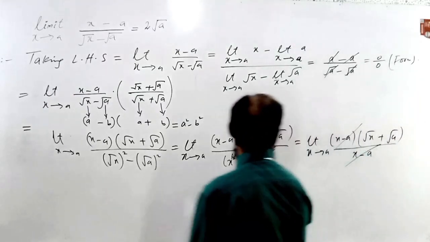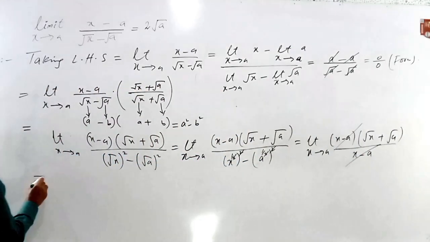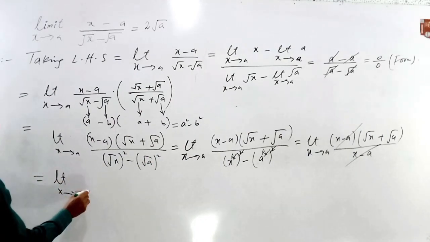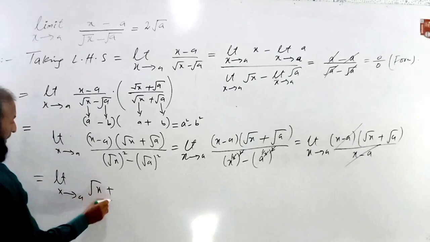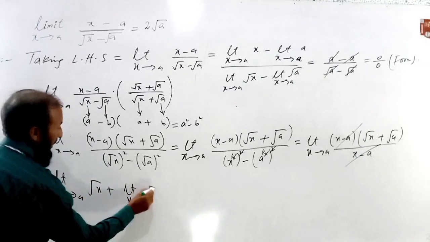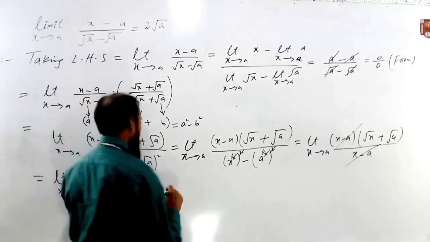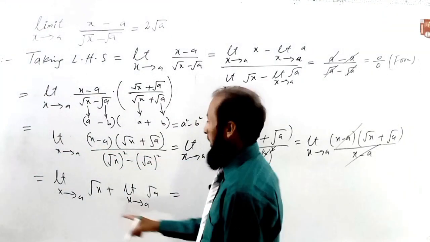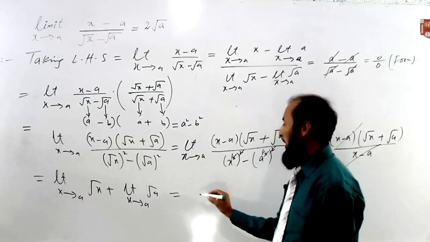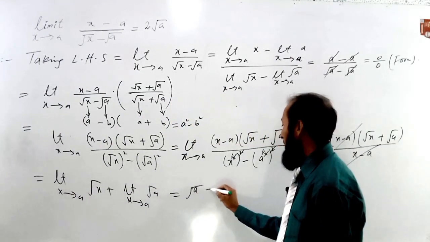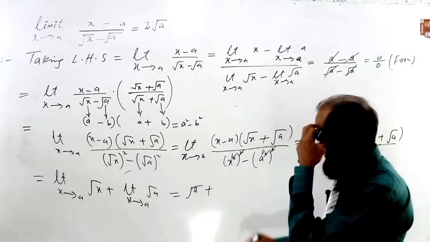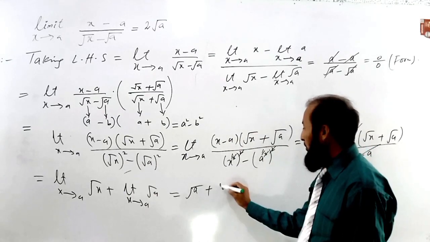So the remaining term is limit x tends to a of square root of x plus limit x tends to a of square root of a. Now we put x is equal to a in place of x, and here the constant rule is available, so we directly put square root of a.